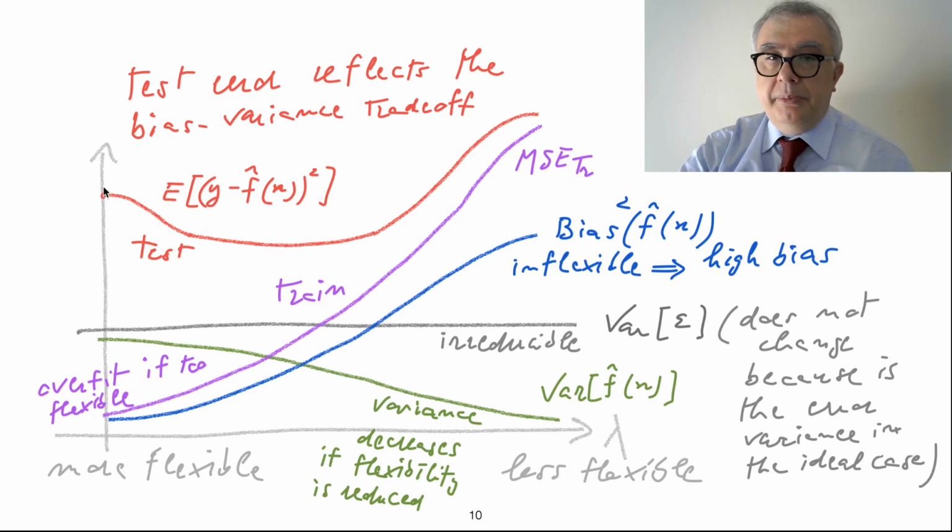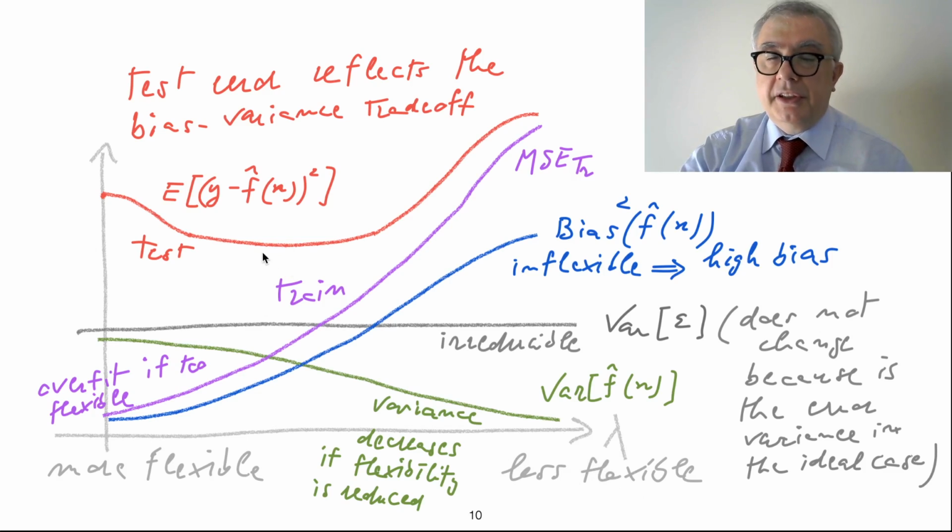And there will be a trade-off, because at the beginning I take advantage of the reduction of the variance, and so it goes down. But after a certain point, it will usually happen that the increase of the squared bias makes the test error increase as well. So there will usually be an optimal trade-off here, and this is the optimal choice of the shrinking parameter.